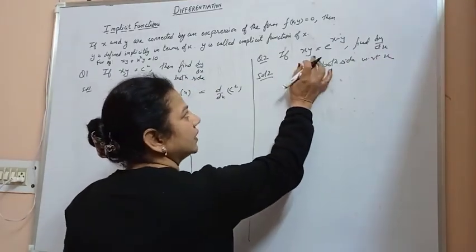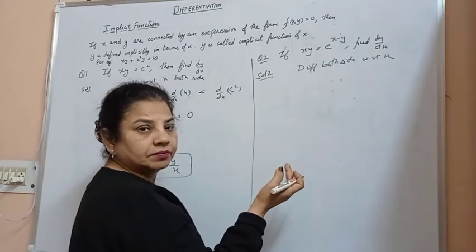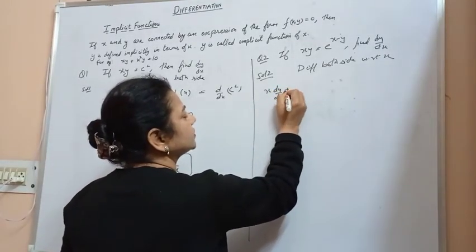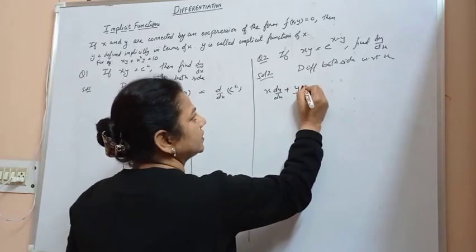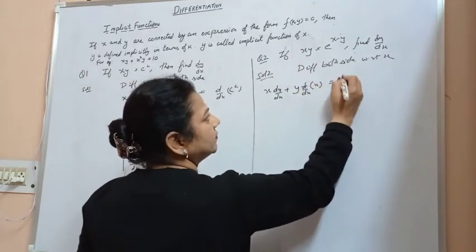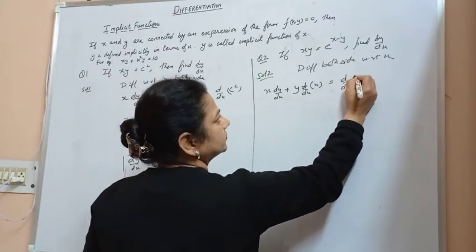On the left hand side I apply the product rule: first function into derivative of second function plus second function into derivative of first function, and then the derivative of the right hand side.